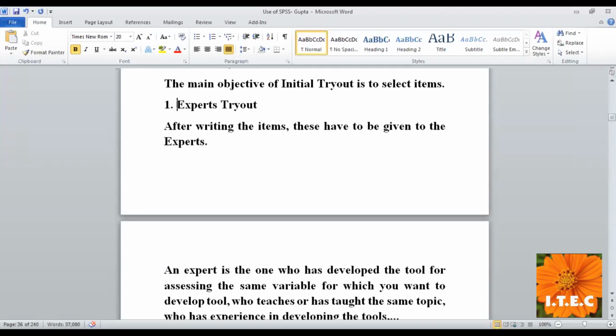One, an envelope in which you will be putting your items as well as the letter, and you should put another envelope in this envelope along with your address and stamp. It is called a self-addressed stamped envelope.